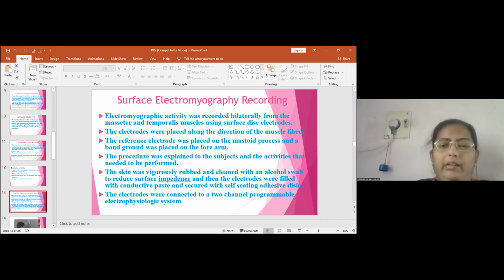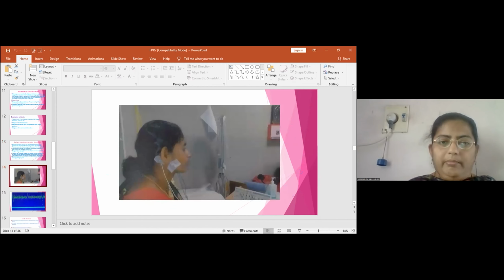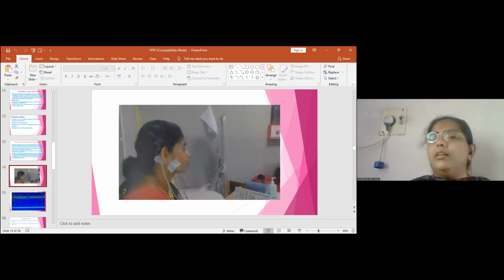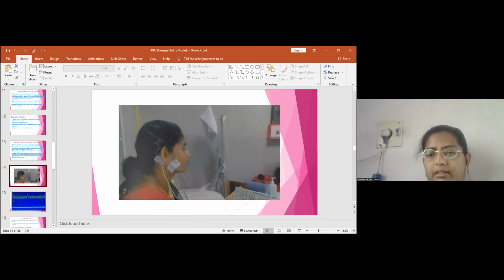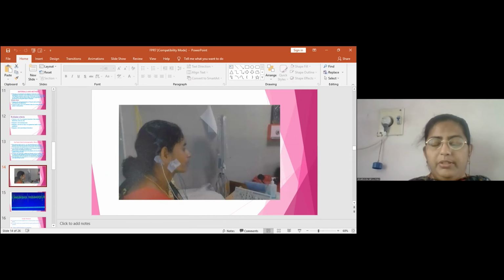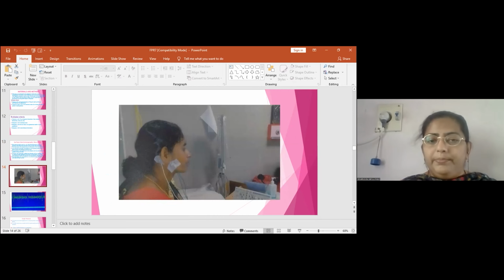The electrodes were connected to a 2-channel programmable electrophysiologic system. This is an example of my subject, which was performed in an EMG lab.